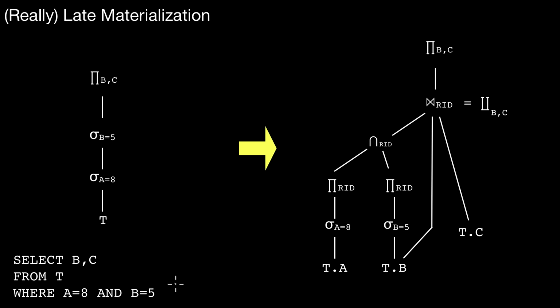Basically that is this expression here that is produced here. So this is A equals 8 and B equals 5. So this intersection produces the row IDs where this holds, and then here it goes into this operation. Here I allow for an operation having more than 2 inputs.